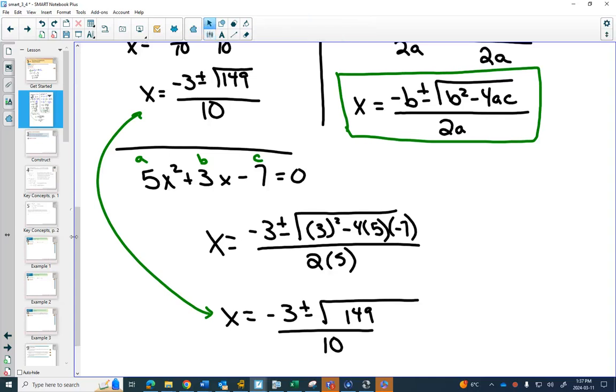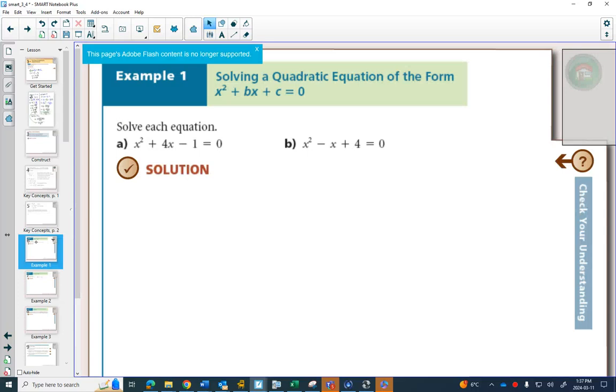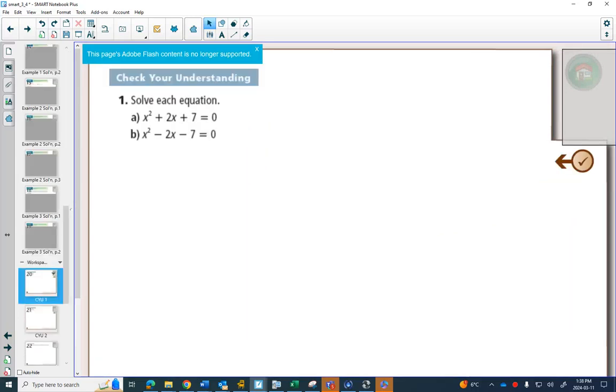But now we have a formula that if we didn't want to do our work, or we felt our work was going wrong somewhere, we could check it. We could just plug it into the formula. So let's go to example 1, on the formula sheet. Very exciting.